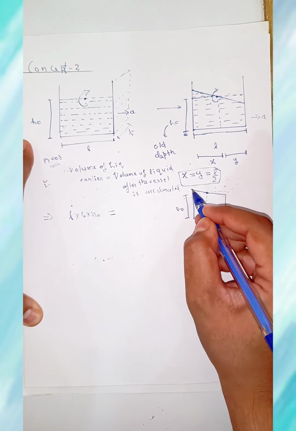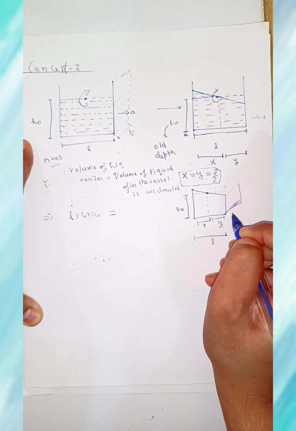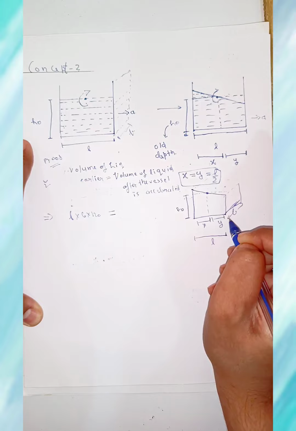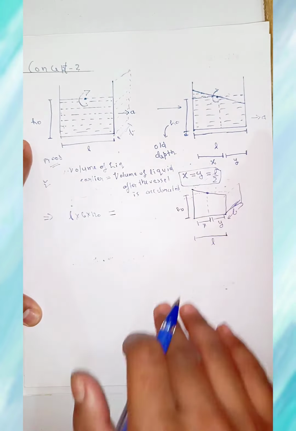Actually this will be 3D. It will be looking like this and this will be B. So this time this 2D view will be a trapezium.